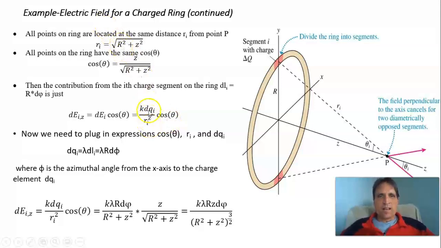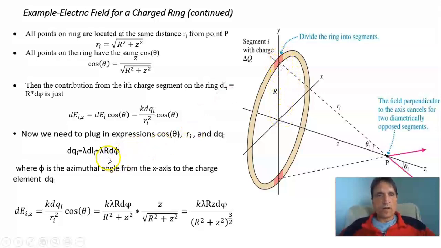And then we need to know what delta q_i is. Well, that's equal to the charge per length times this little element of length. If you remember from polar coordinates, this arc length, delta L, is equal to the radius R times the change in the angle, or delta phi.